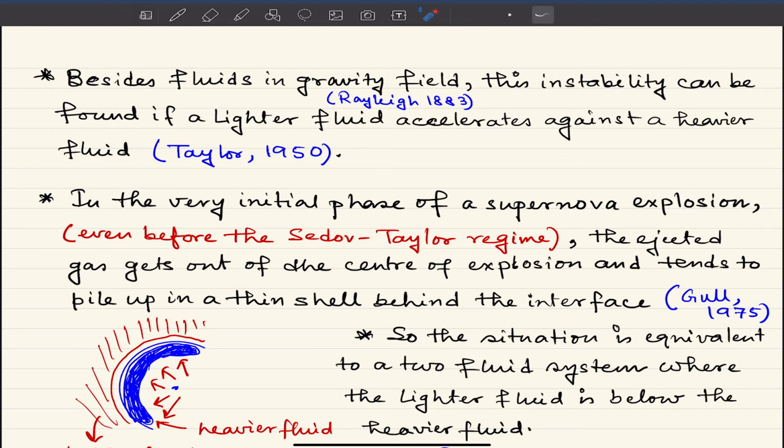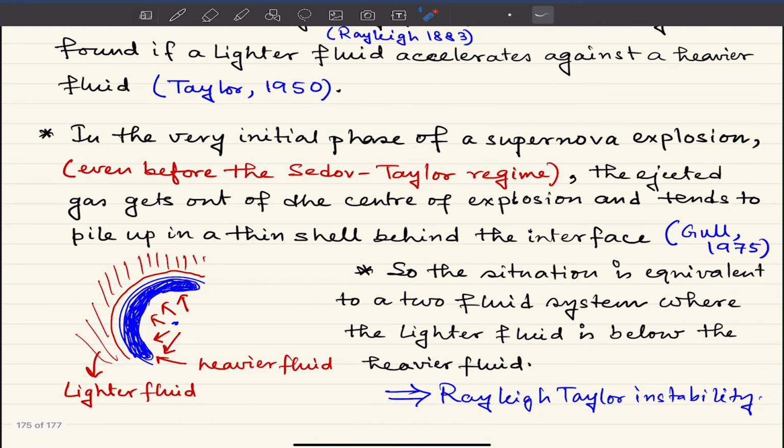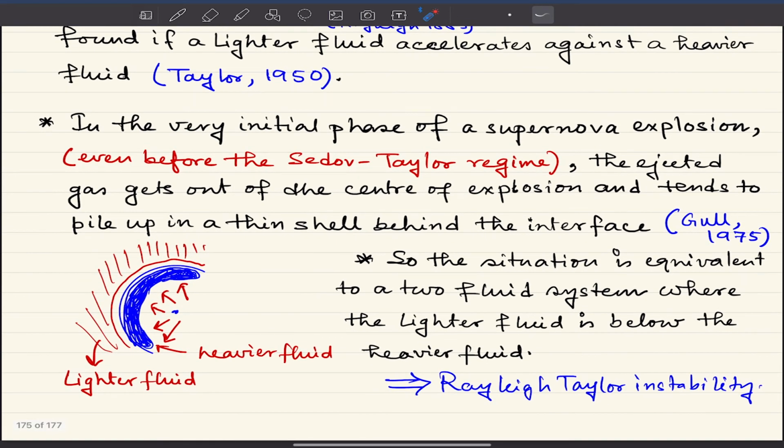Okay, and so if the acceleration is acting in this direction, then with respect to this acceleration direction it is exactly equivalent to saying that the heavier fluid is above and the lighter fluid is below. Okay, so we can expect, of course, a Rayleigh-Taylor type of instability, and actually they can see that.